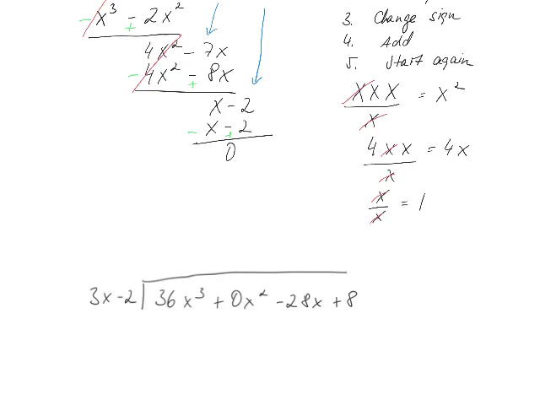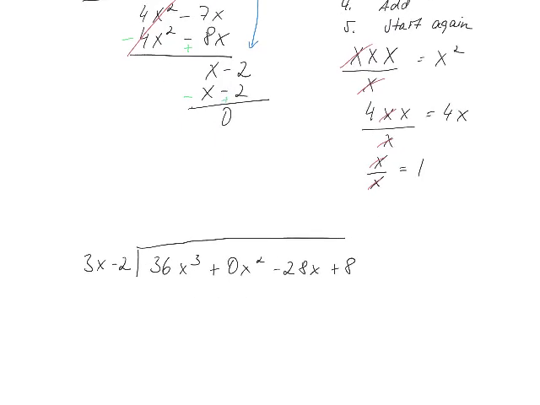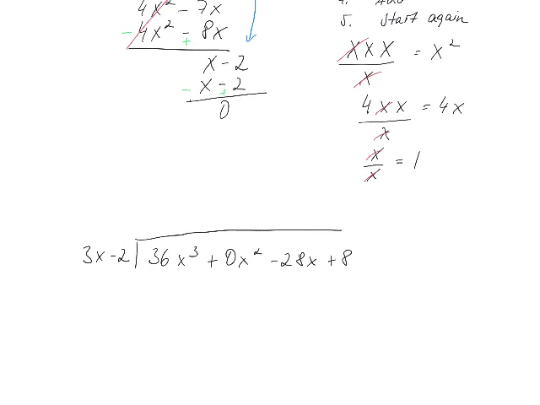Okay, so our steps again were divide, multiply back, change sign, add, and start again. So let's do that here. 36x cubed divided by 3x leaves us with 12x squared.